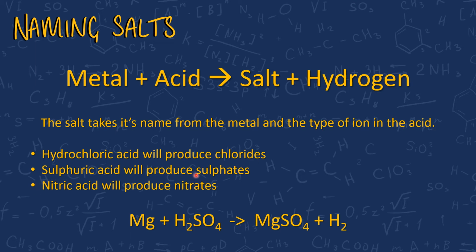Sulfuric produces sulfates, and nitric acid produces nitrates. So you know from the type of acid how to name the salt. So at the bottom we've got an example. Magnesium plus sulfuric acid goes to magnesium sulfate plus hydrogen.